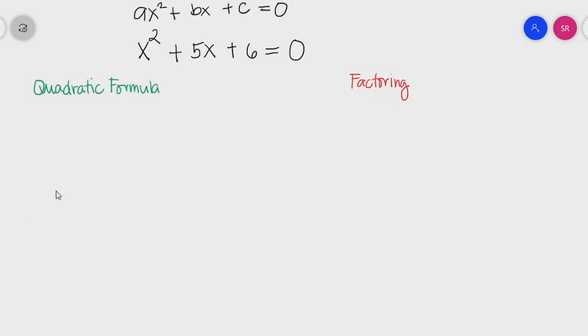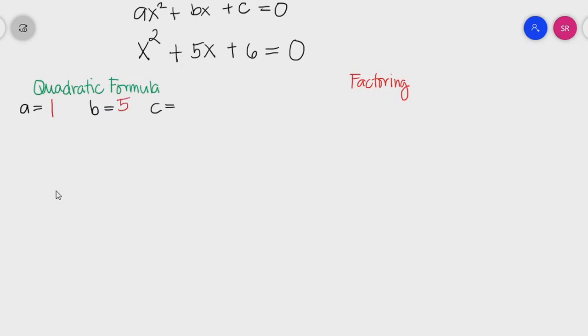So pag gagamitin natin ang quadratic formula, we will then proceed to identifying the values of a, b, and c. Therefore, the value of a is 1. The value of b naman is yung coefficient ng ating linear term, which is positive 5.